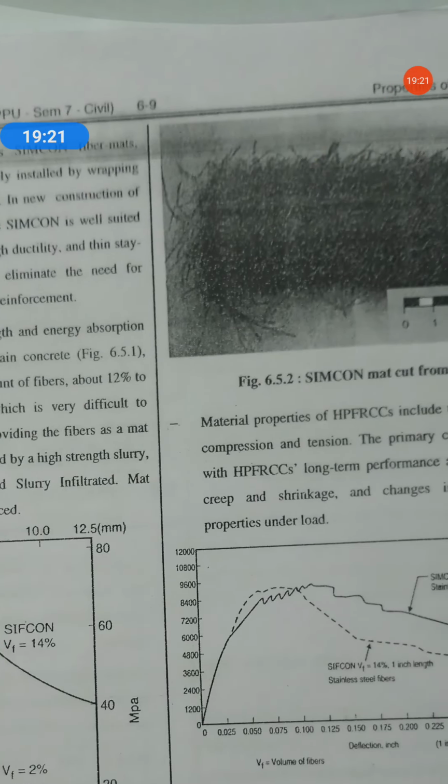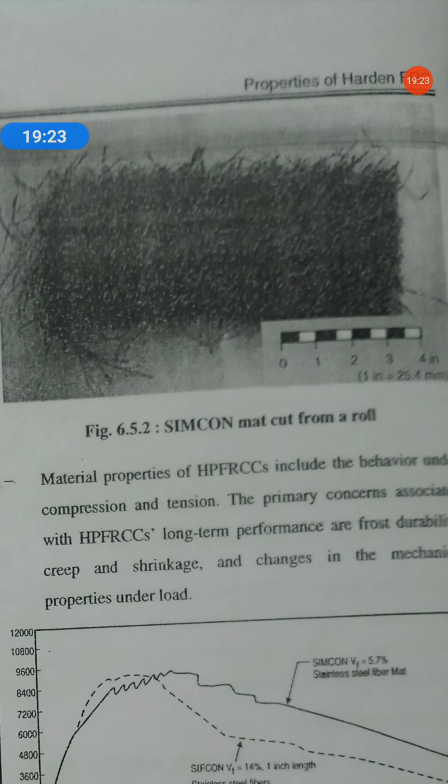See here, mats like this are available in the market. Material properties of this concrete include the behavior under compression and tension. The primary concerns associated with this are long-term performance: frost, durability, creep, shrinkage and change in the mechanical properties under load. So these are the mats available in the market, and you can make slurry infiltrated mat concrete.